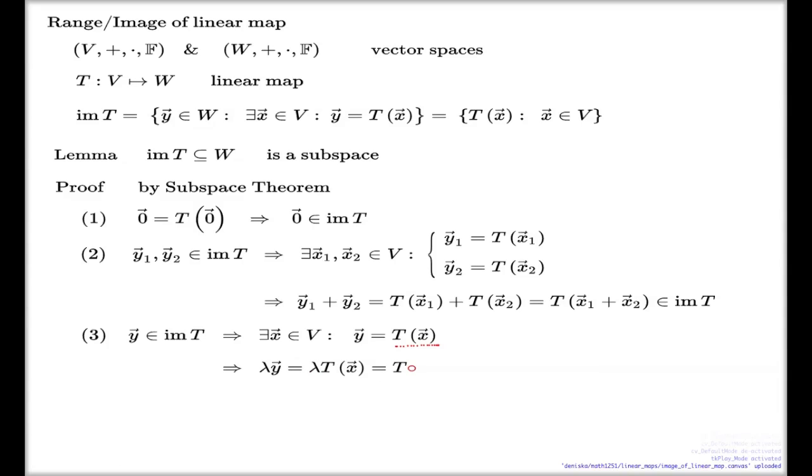Then again, I use the linearity of my linear map, is the usage of linearity. And then here's my argument now. My new vector, lambda times y, is the result of action of T on some vector from the domain. That's why the vector is in the image. And that's the finish of the proof.